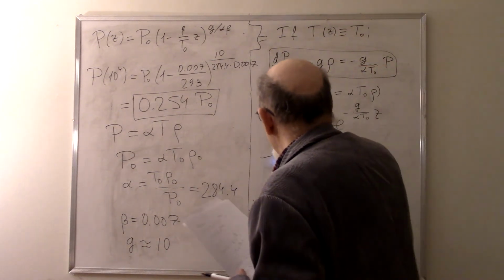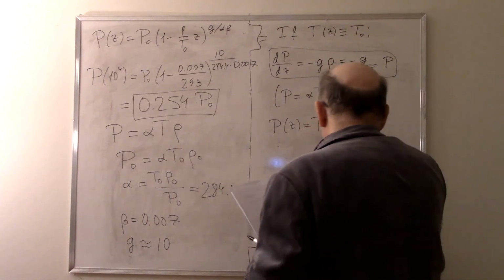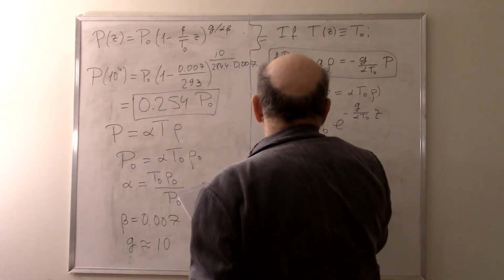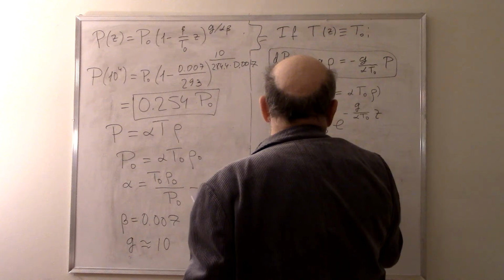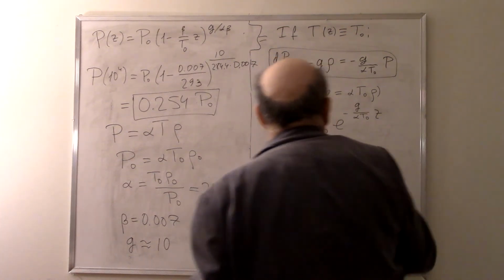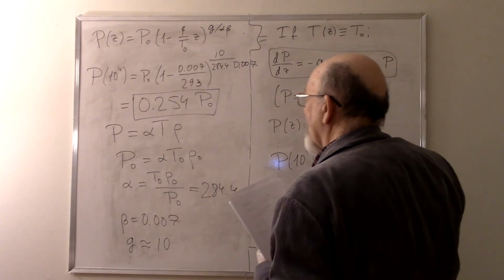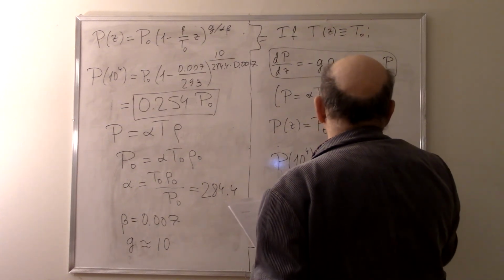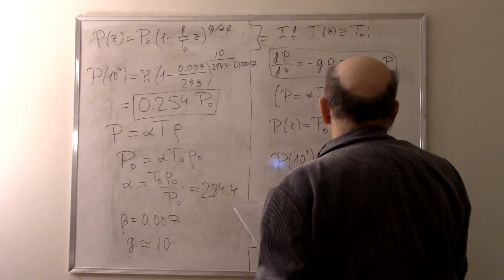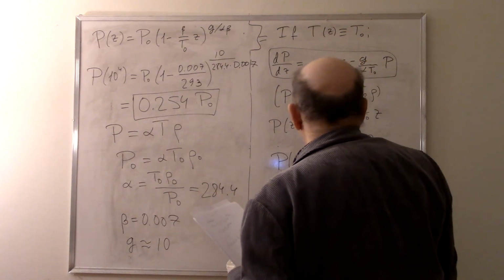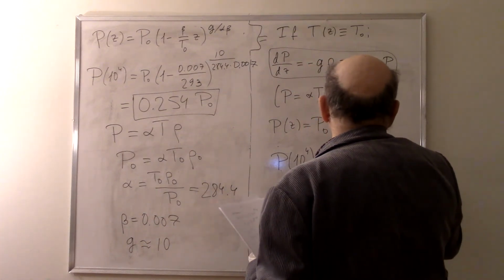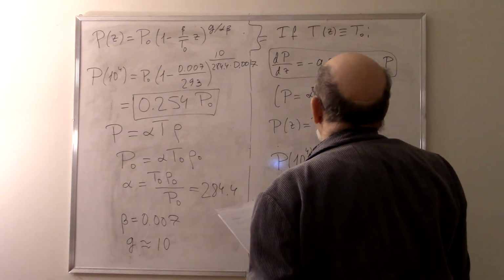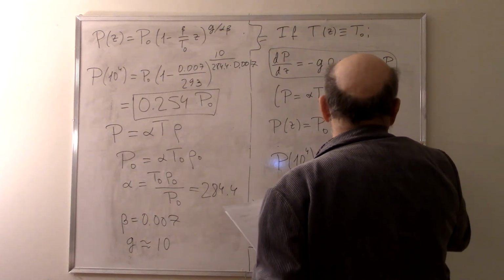And if you substitute here our figures, we have P of 10 to the 4 equals P0 e to the minus 10 divided by alpha 284 times T0, 293, times Z, which is 10 to the 4.